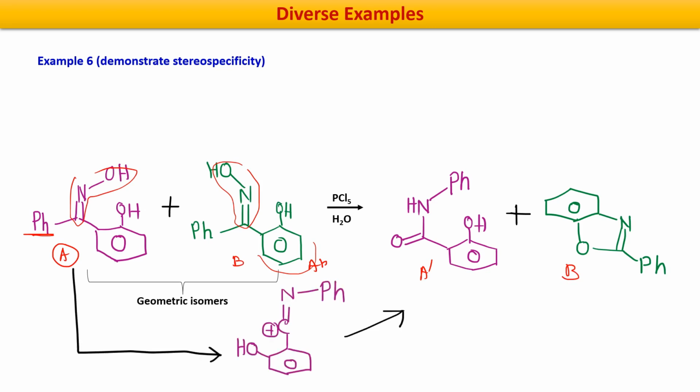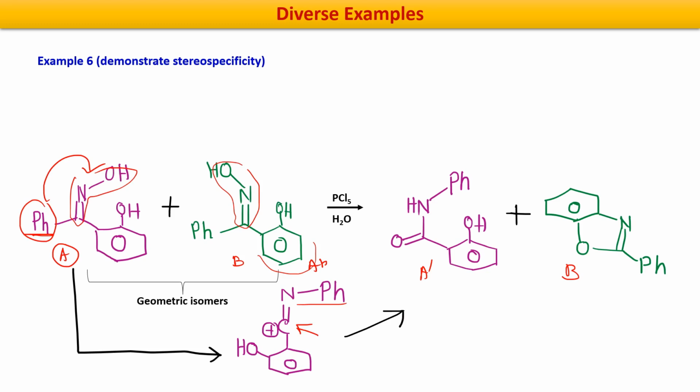Now if it is so, this Ph group will be migrating. If this Ph group is migrating, now you can see this N-Ph bond, right? And finally water will attack at this carbon and you will get C double bond O. So this is simply straightforward. There is nothing different happening.